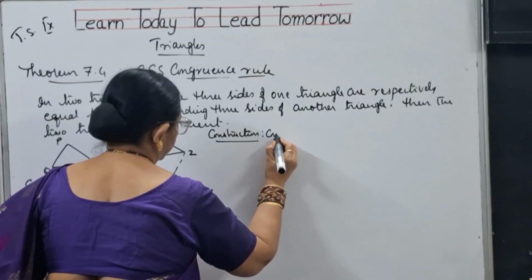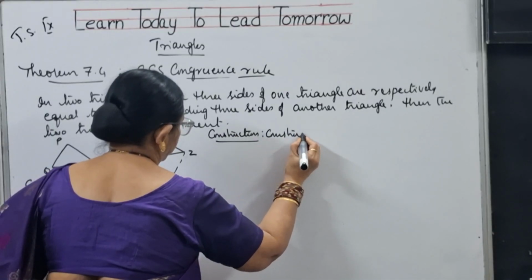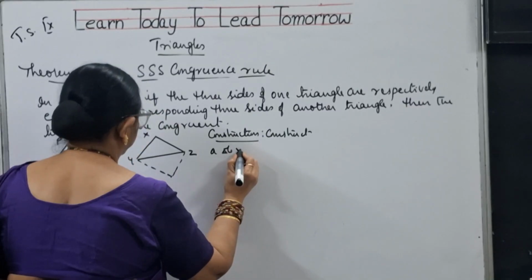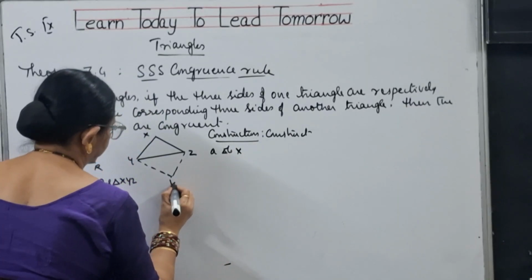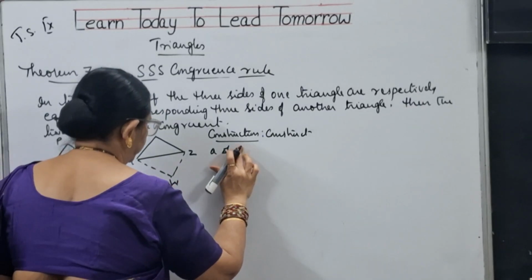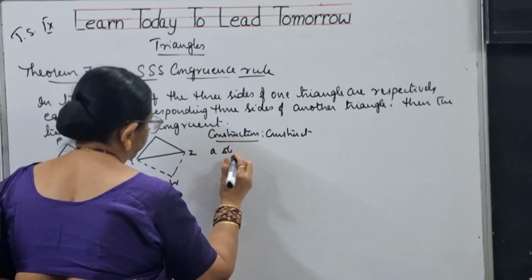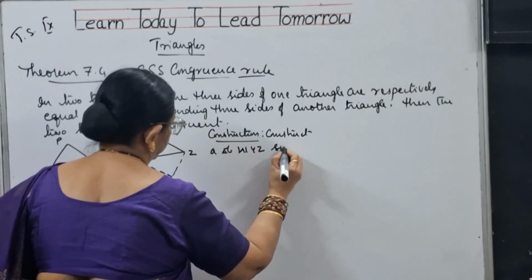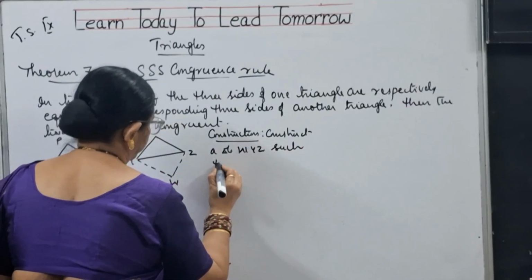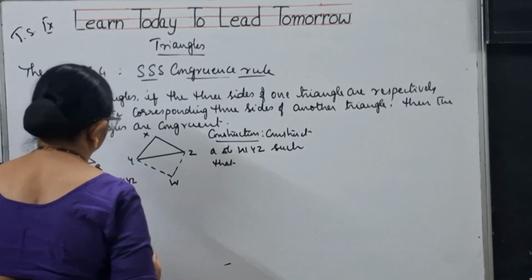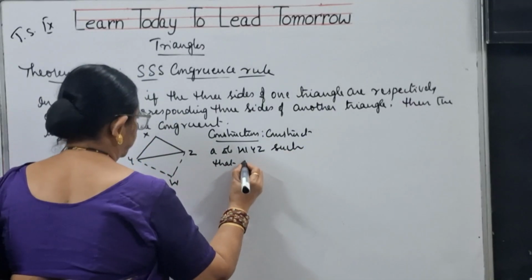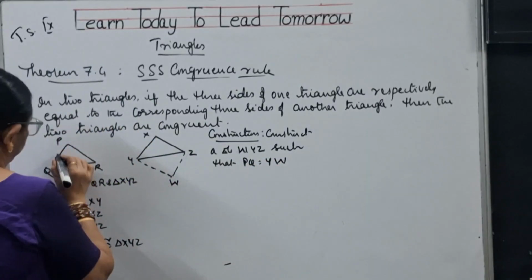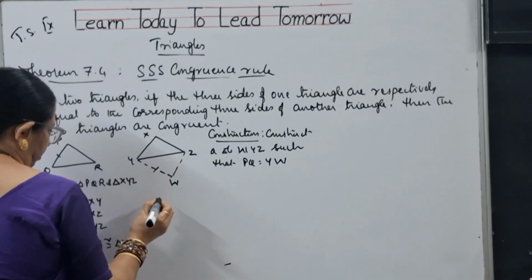Construct a triangle X. Let me call this as W. WYZ such that PQ is equal to YW.